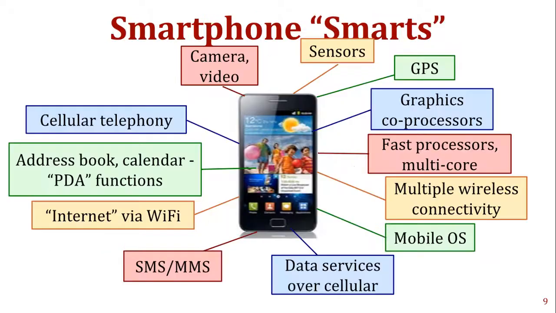Now let's see why smartphones are smart. Smartphones have so many different sensors, for example cameras, and also GPS, and lots of important processors, like graphic processors. People can even run deep learning applications on smartphones nowadays.